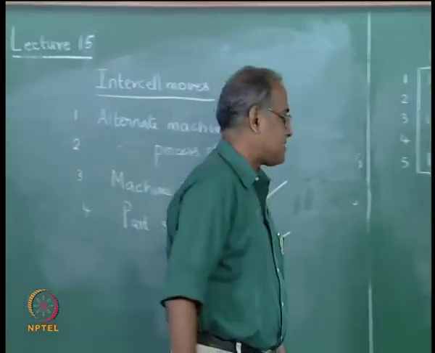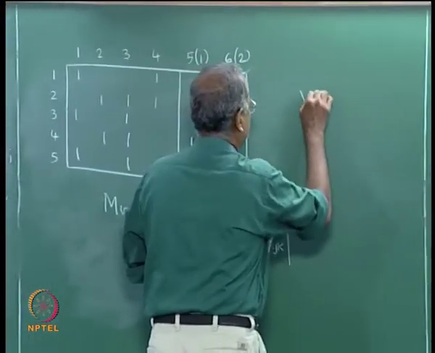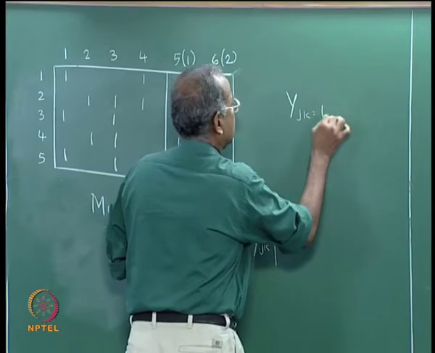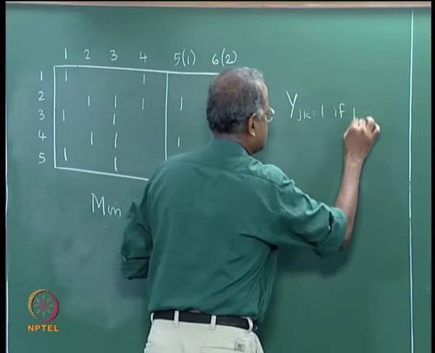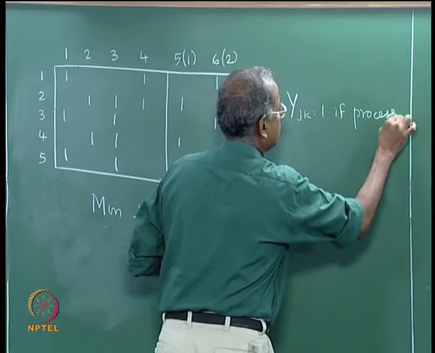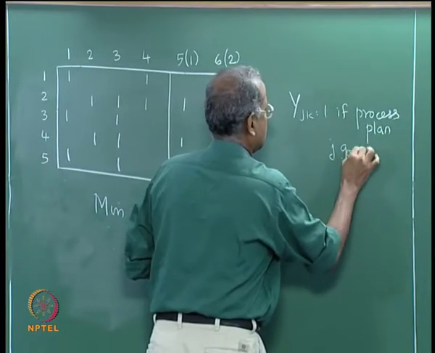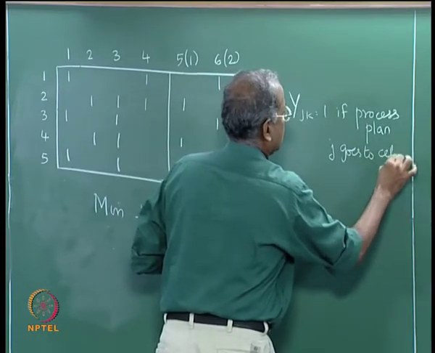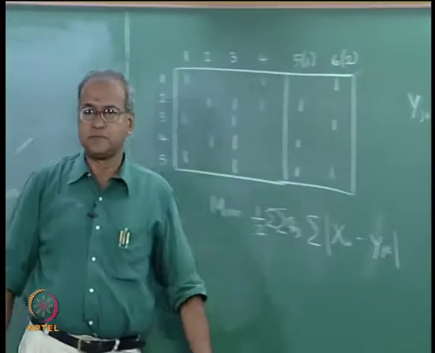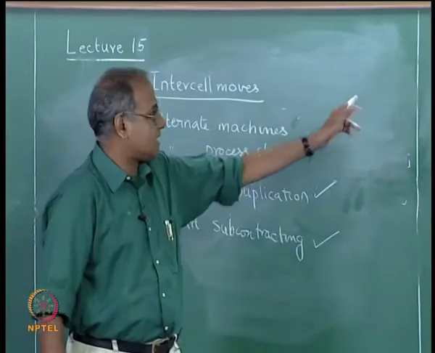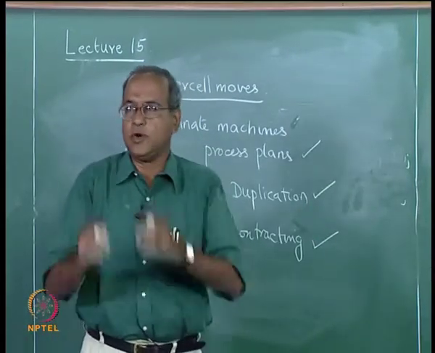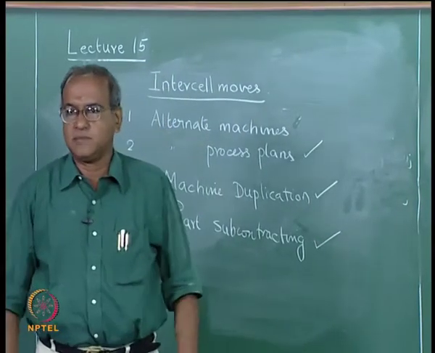Now, we will replace y_jk equal to 1 if process plan j goes to cell k. Now, there are 6 process plans including the 2 alternate process plans.